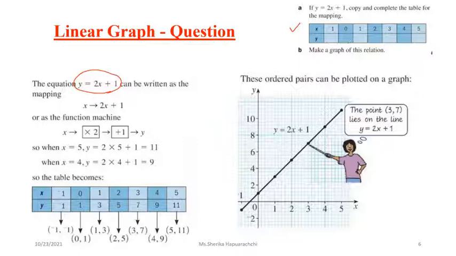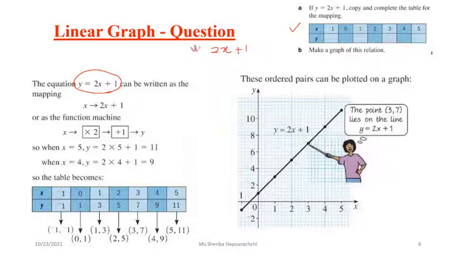Now I will show how can we complete this table. My equation is y equals 2x plus 1. Now my x values are -1, 0, 1, 2, 3, 4, and 5. Now I'm going to substitute, right? I'll show my first one is 2x plus 1.